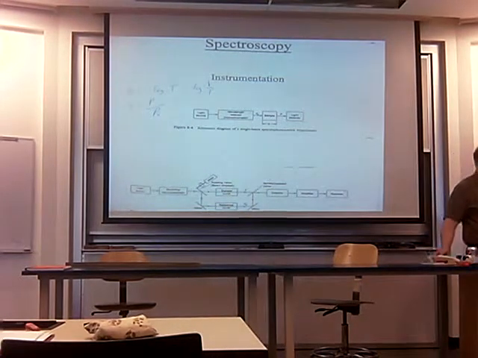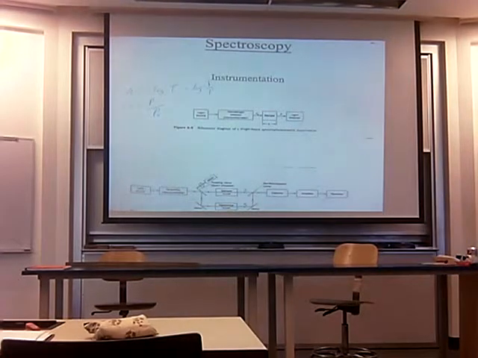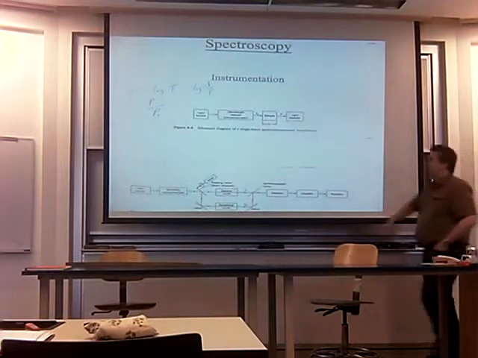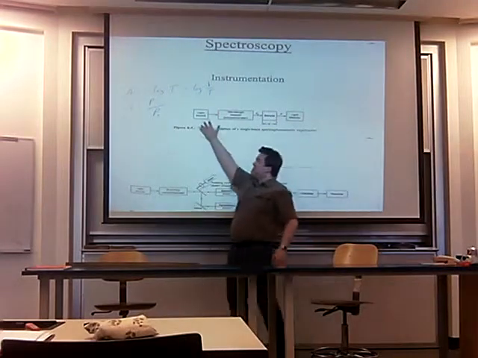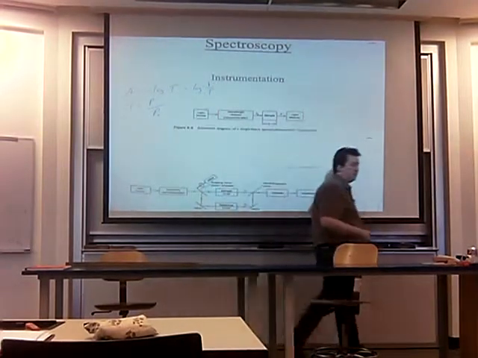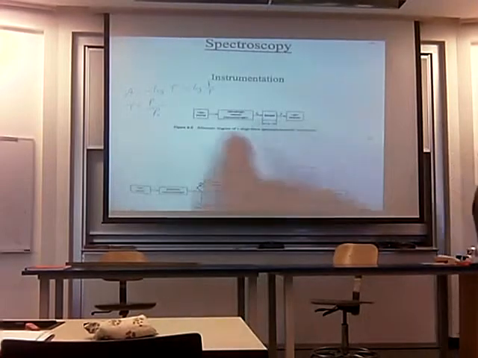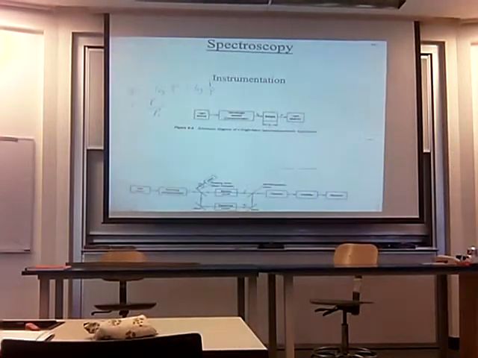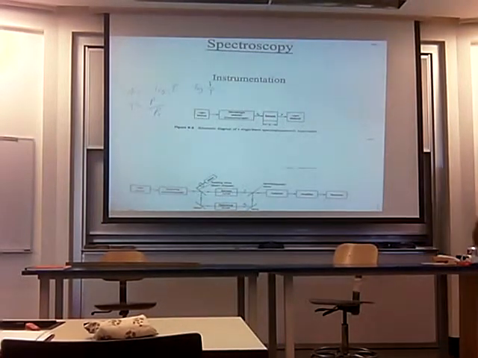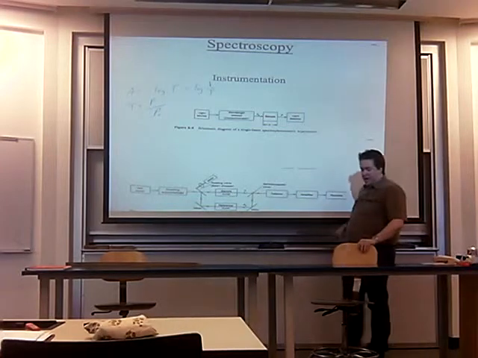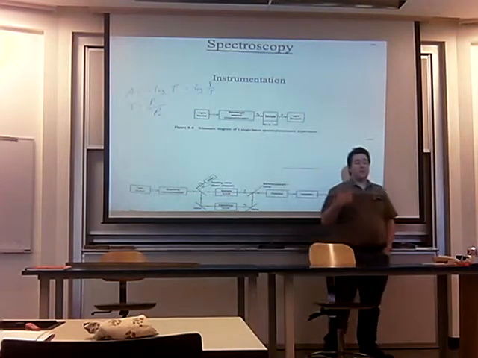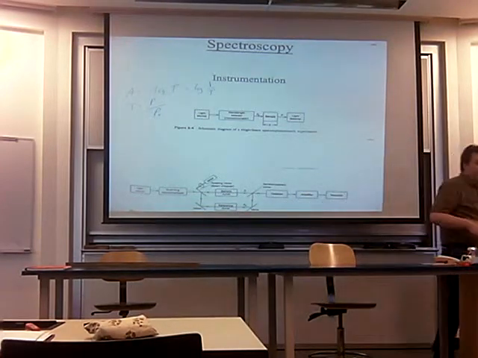And we can measure this with a relatively simple instrument. All spectroscopy instruments have a light source creating the light. They all have some kind of a wavelength selector, so we can pick which wavelength we want to look at. Remember we said molar absorptivities are essentially constant for a given molecule at a given wavelength, which is one of the reasons why we have to pick a wavelength to look at.